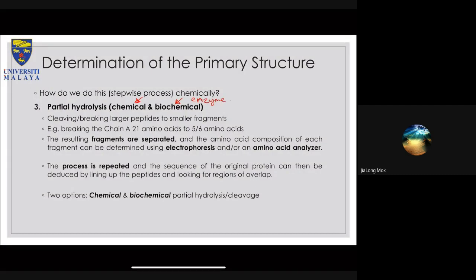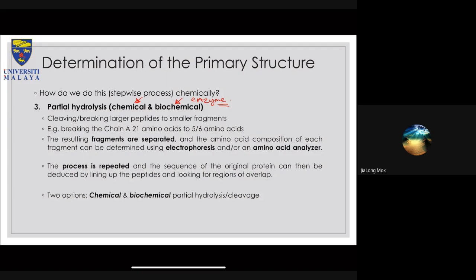So you might ask me, then Doctor, what's the need of doing the second step, a full hydrolysis? Now, the full hydrolysis is very critical for the enzyme because, as you will see next, enzymes normally have a very specific sequence that they need to identify before they can actually cleave.